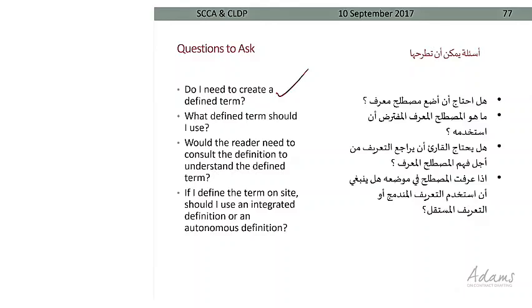When you use an autonomous definition, you're telling the reader, read this, reader, and then read this separate autonomous definition. So you're breaking up the reading. And an integrated definition, the parenthetical, creates a bit of clutter in a contract. And then all those initial capitals make a contract harder to read. So you have to decide whether the value of a defined term exceeds the cost.